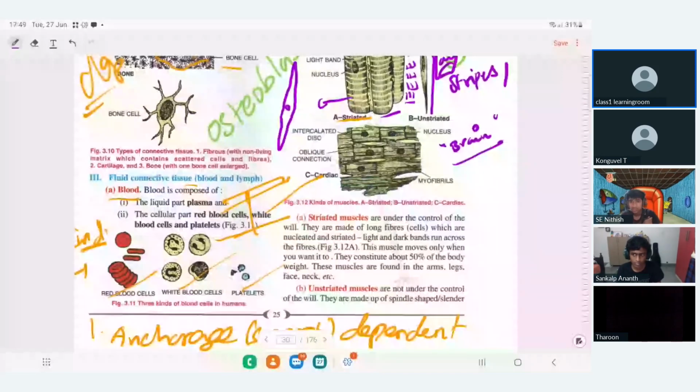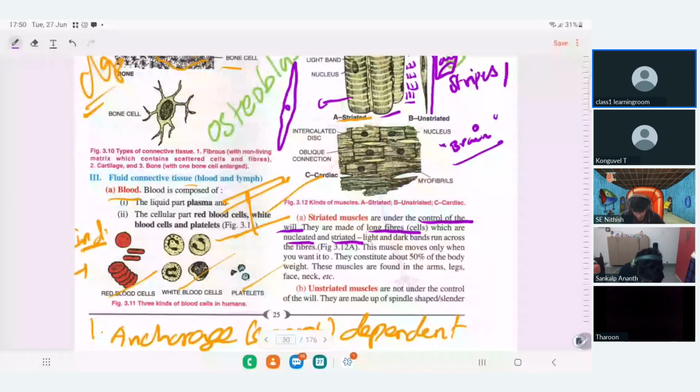In simple terms, striated muscles are under the control of will, in the sense that our thinking, our command, is involved. They are made up of long fibers, nucleated cells, and stripes, light and dark bands.